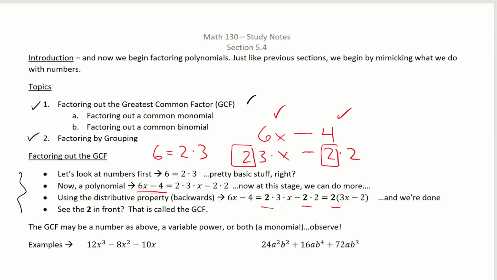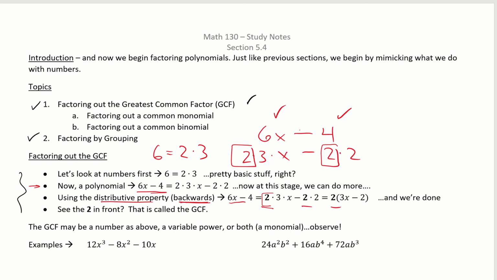So we write it this way, okay, and it says on this line number 2, now at this stage we can do more, and using the distributive property backwards, remember the distributive property says take a number and multiply through. Well, I'm writing 6x minus 4 is 2 times 3 times x minus 2 times 2.